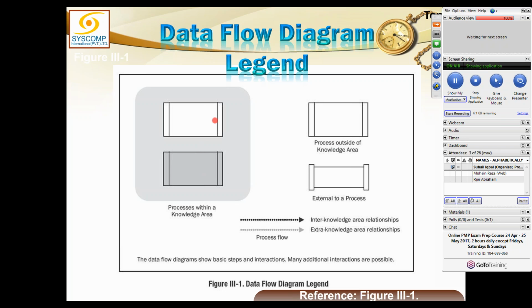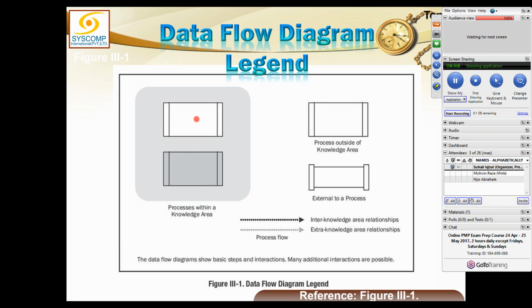Then if a process box is shown outside of this gray area, that would mean that this is a process which is from some other knowledge area, but it has some connection of input or output with the process under discussion. Sorry, I think the gray box is the process under discussion.